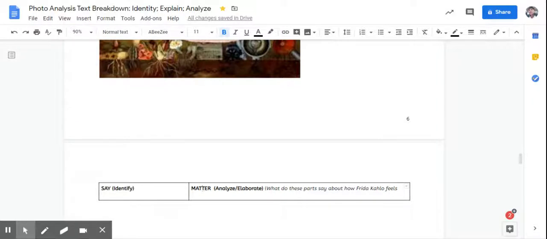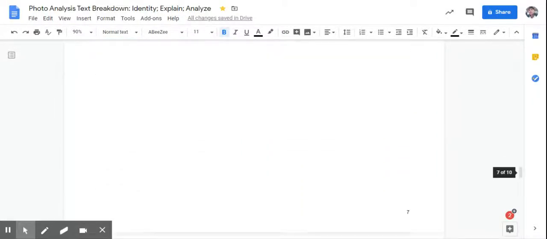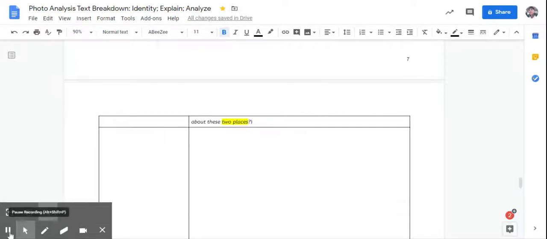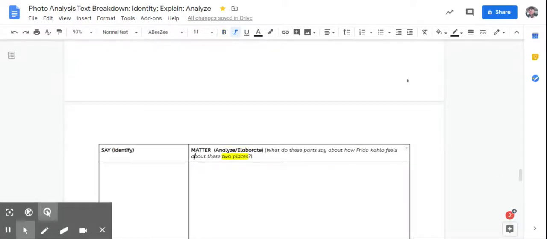Okay, all fixed. So you look at the painting and identify what is in it, in a bullet point list. Now you're going to analyze it, and your guiding question is, what do these parts, the parts that you have listed here, say about how Frida Kahlo feels about these two places?